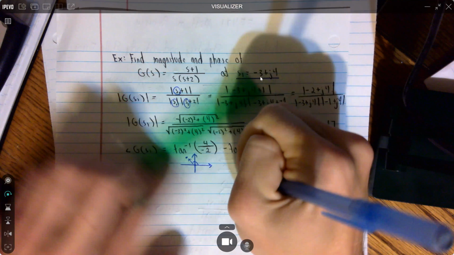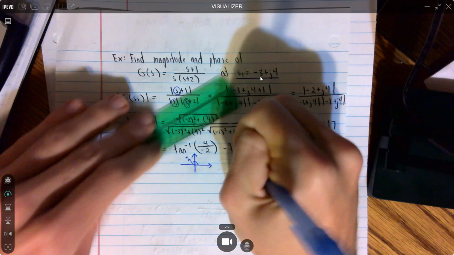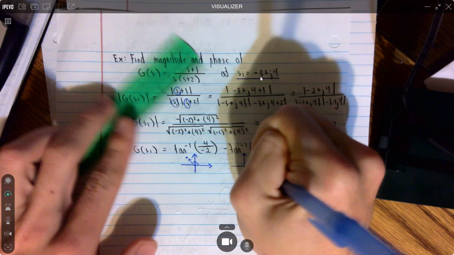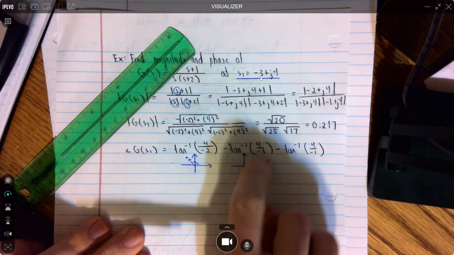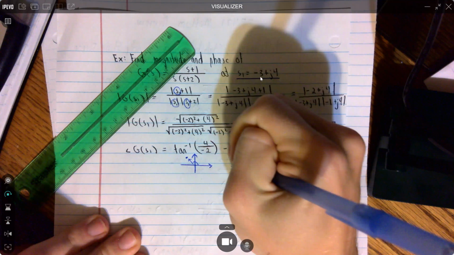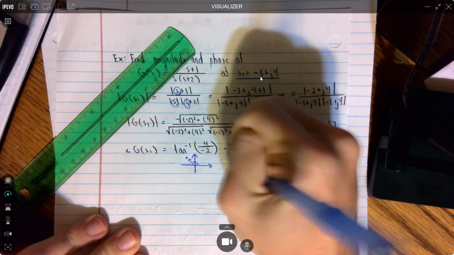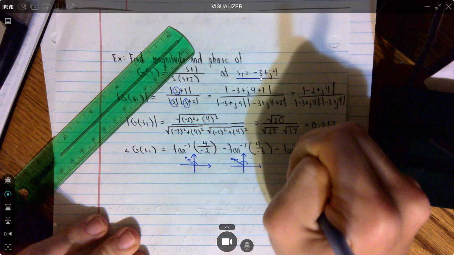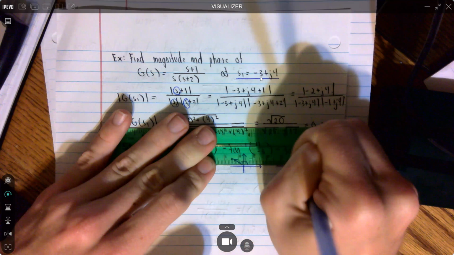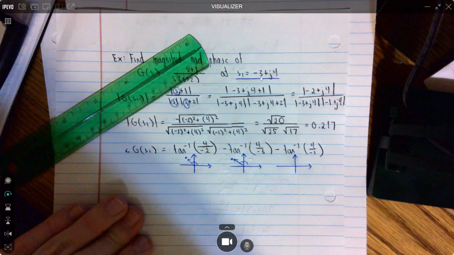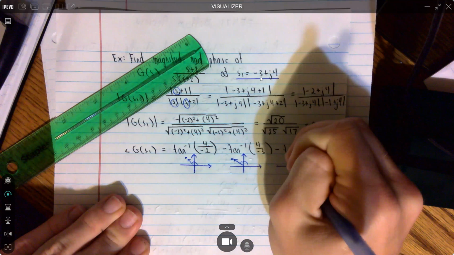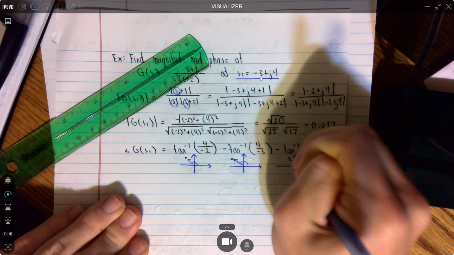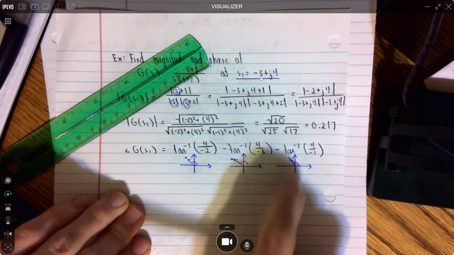For the next one, our imaginary part is 4 and our real part is -3, so it's going to be over here, and we're expecting an angle over 90 degrees. And then here, we have our imaginary part 4 and our real part -1, so this is the angle we should be expecting, over 90 degrees, to that point.